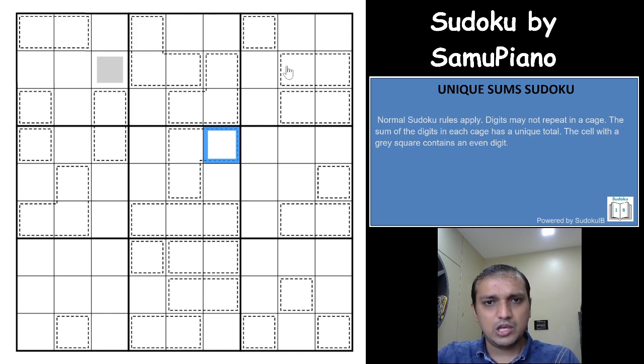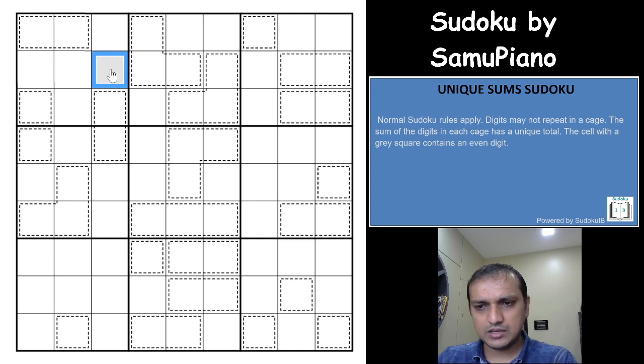For example, if the sum of these two digits is a number, let us assume x, then there cannot be any other x sum in any of the cages. So all the sums in the cages will have to be different totals, and the cell with the gray square contains an even digit. So let's see if we are able to crack this Sudoku or not.